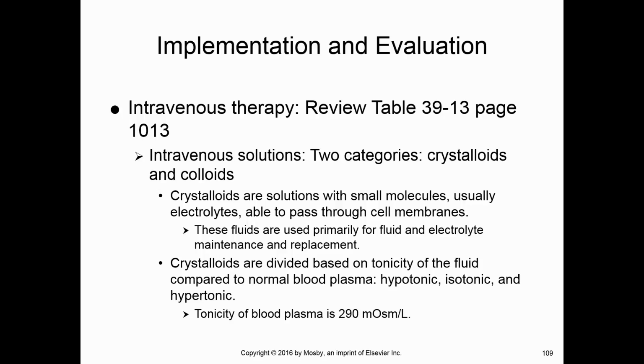Crystalloids have small molecules or electrolytes that pass easily through the cell membranes, whereas colloids do not, and they stay in the vasculature. So crystalloids again are our fluids, and colloids are blood products or some form of fluid that beefs up blood volume but doesn't leave the vasculature.